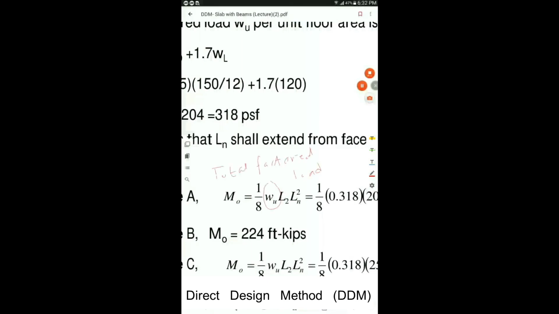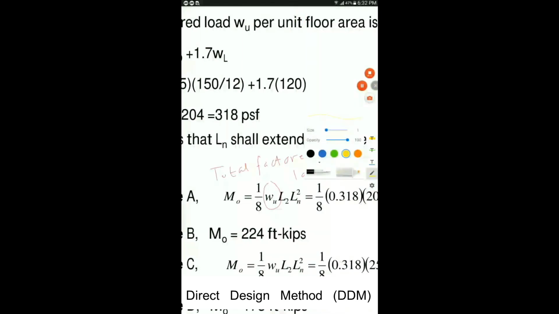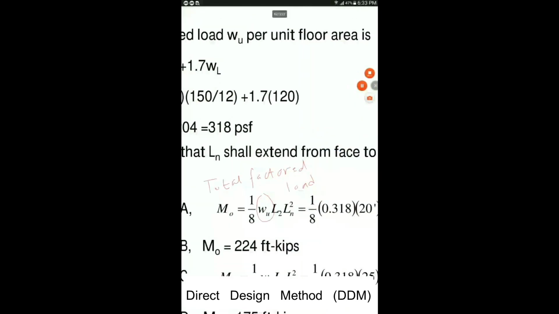The other factors here are L2 and Ln. L2 means center to center transverse span and Ln means longitudinal clear span. So now we will look at how to calculate the total factored load.